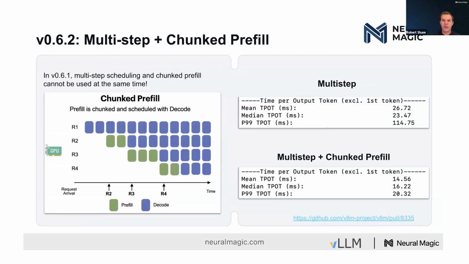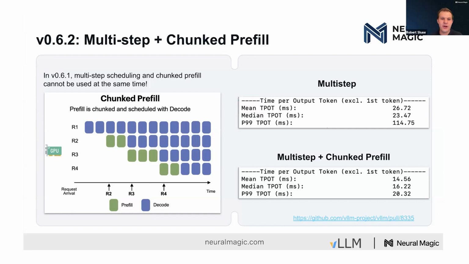And lastly, we've been working on filling out the overall number of optimizations that multi-step works with. One of the limitations in v0.6.0 is that multi-step doesn't work with chunked prefill. Chunked prefill, as Michael mentioned, is another optimization which helps to smooth out the inter-token latency inside of vLLM by overlapping prefill and decode compute into the same batch.